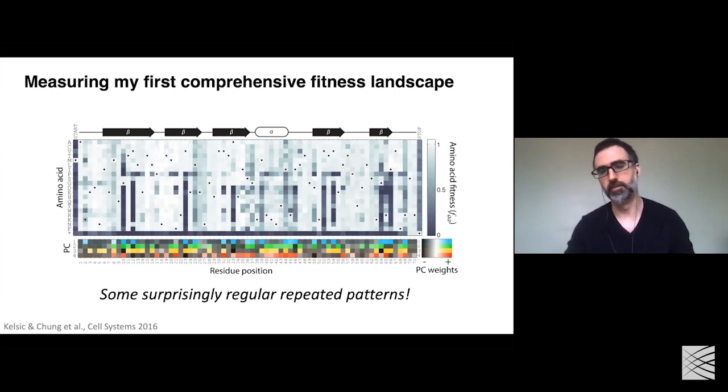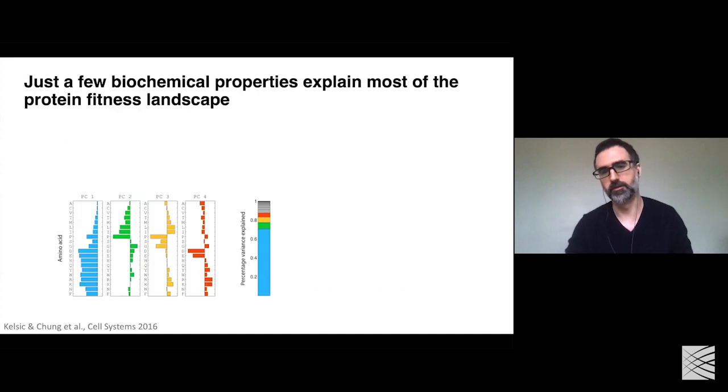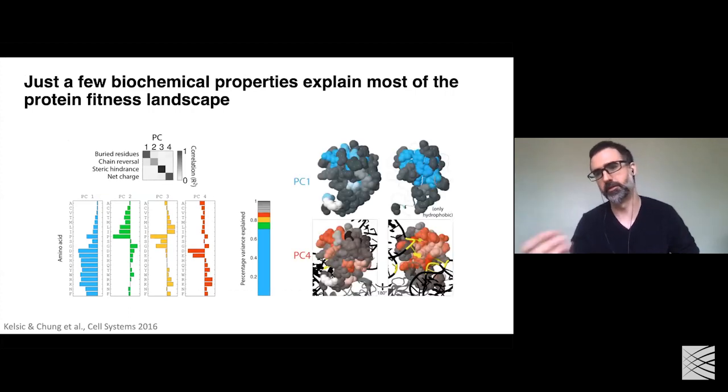So I was talking about the simplicity of it, and principal component analysis. First off, those first 4 principal components explain about 85% of the variance. They end up being correlated with some basic biochemical properties like buriedness, residues which tend to be buried, or flexibility, steric hindrance, and net charge. They also cluster structurally.